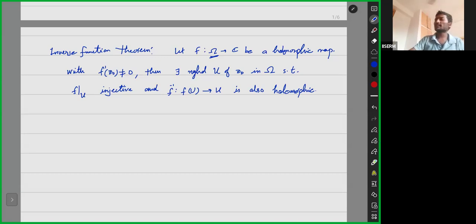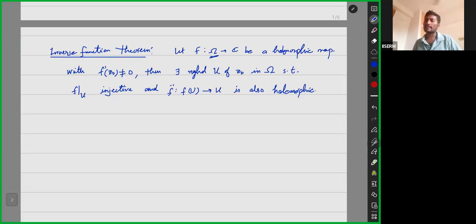Inverse may exist for real functions, but can we find some example of a real valued function where the inverse is not differentiable? I don't remember right now, but I think we can find some good counterexample.